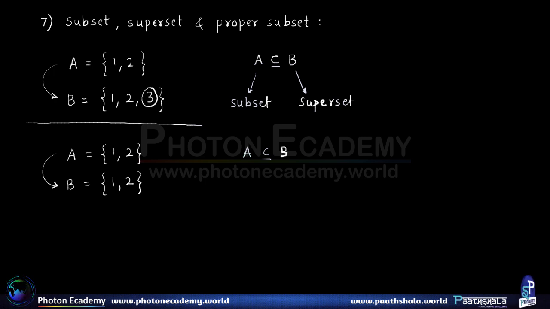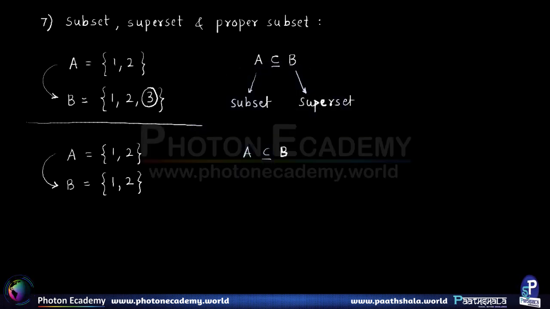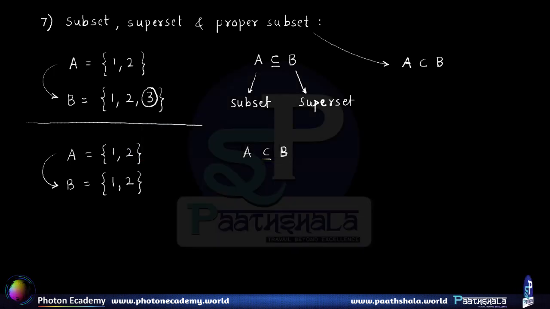So in this case, where we have at least one element extra in B as compared to the first set A, A is called not just a subset, but the proper subset of B, and this is denoted as A proper subset of B. The symbol is very similar to the subset symbol, except that the horizontal line is not mentioned.